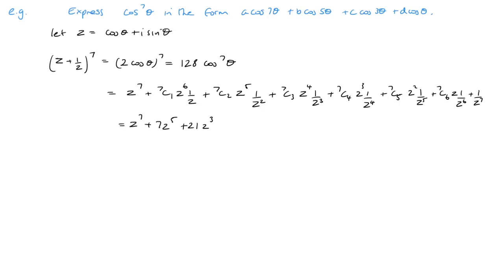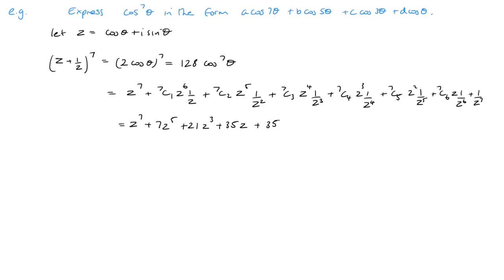Now 7c3 is 35, and z to the power 4 multiplied by 1 over z cubed is just z. Plus, now 7c4 is also 35.